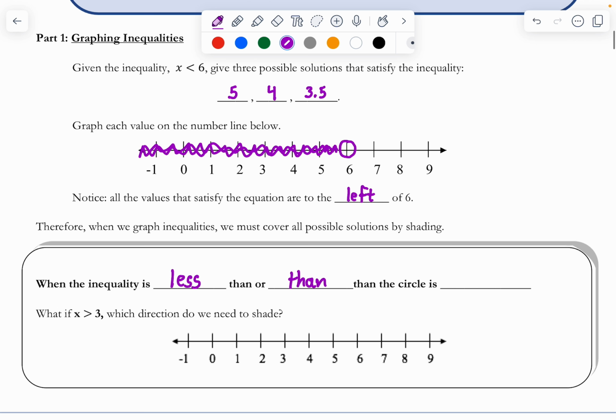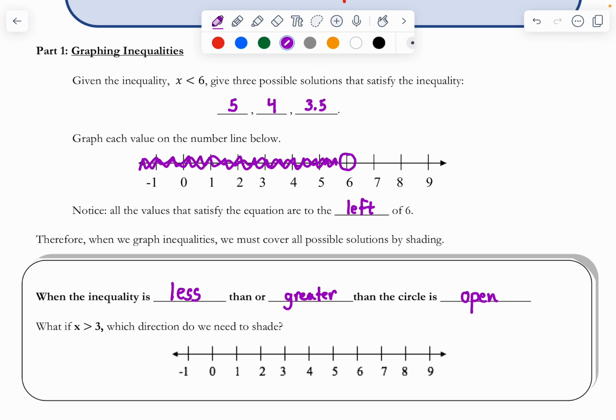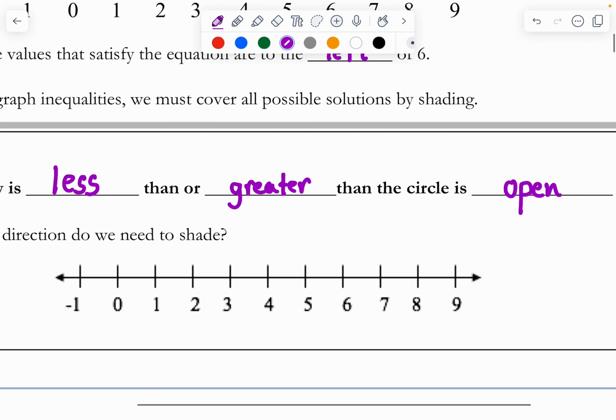Now, when we're graphing an inequality that is simply less than or greater, that should say greater than, the circle is open, meaning if you look at that prior inequality, I wouldn't list 6 as a solution because 6 is not less than 6. It is equal to. So we're going to leave 6 open when we graph.